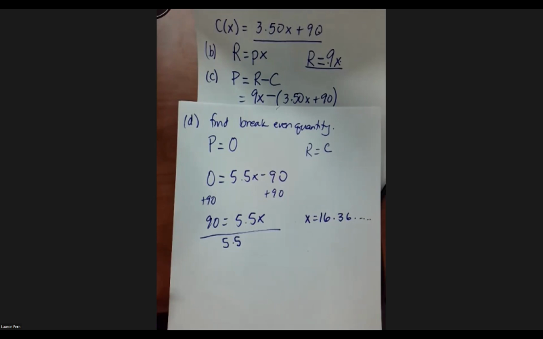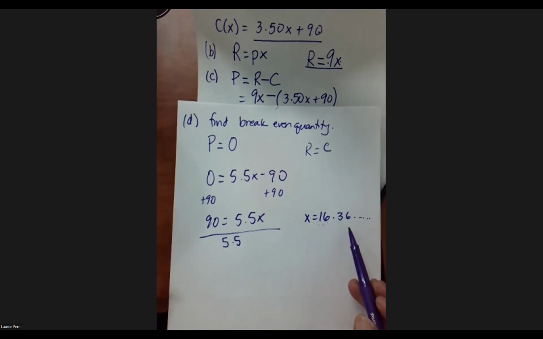We talked about the rounding business yesterday. Okay, again, in the context of word problems, you don't use the rules of rounding. You have to use it in the context of the question. So I claim 16 and a little over a third t-shirt is going to do it for us. Are 16 t-shirts enough?